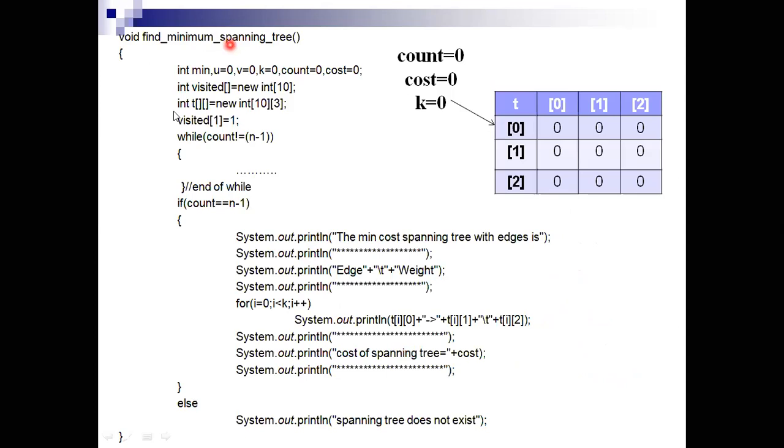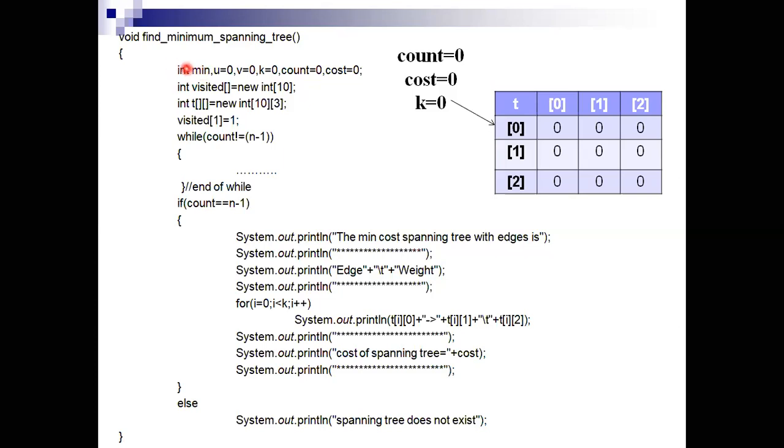Now, the next is the method find minimum spanning tree. Some variables are to be initialized. Let us see what they are. There's a variable called min. Min is used to find the least cost edge such that U belongs to the spanning tree and V does not belong to the spanning tree vertices.